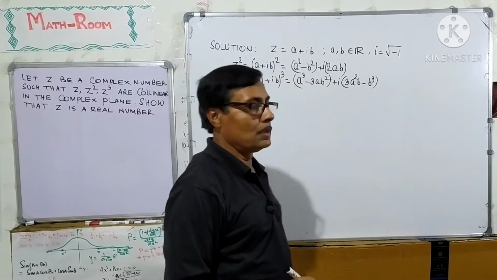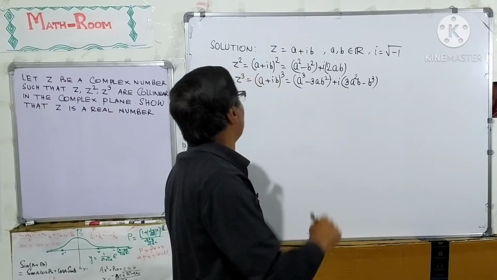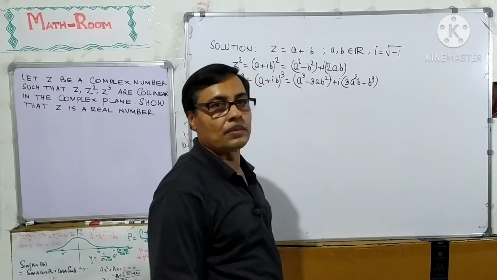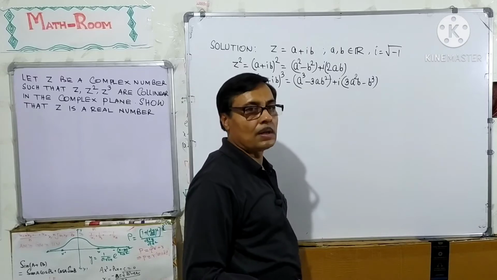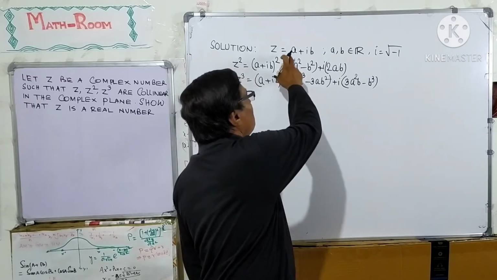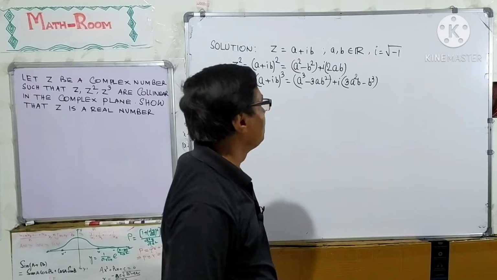So z, z square, z cube can be expressed in terms of a and b, where a, b are real numbers, and z equal to a plus ib is a complex number.